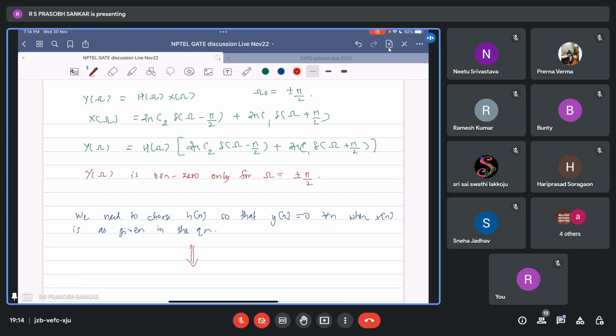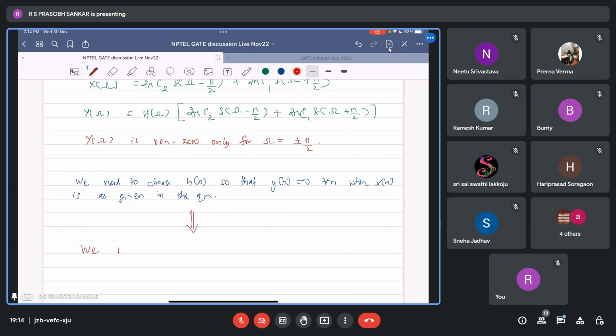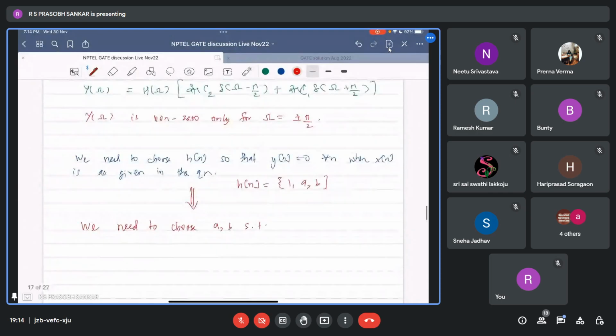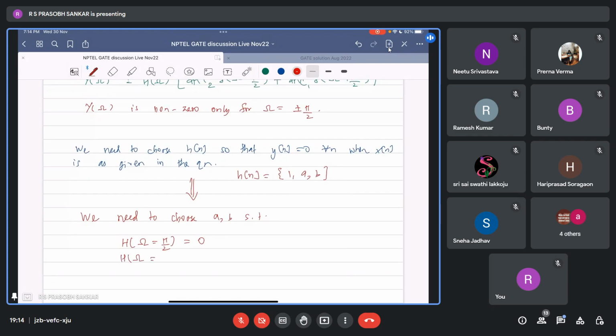This implies that we need to recall that h of n is given like this: a, b, such that two things hold. H of omega at omega equal to pi by 2 should be 0. H of omega at omega equal to minus pi by 2 should also be 0.